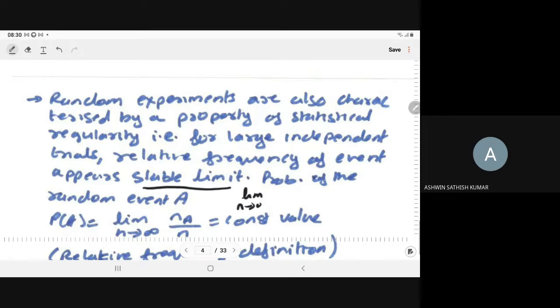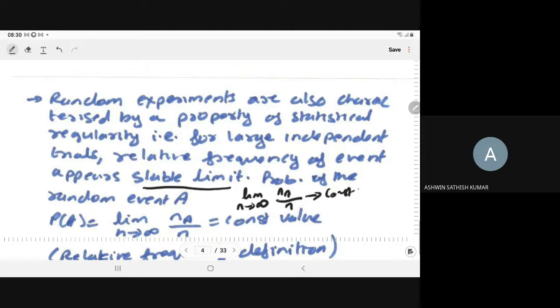When we repeat the experiment a large number of times, n tends to infinity, the relative frequency, the number of favorable events divided by the number of experiments repeated, nA upon n, tends to the stable limit.